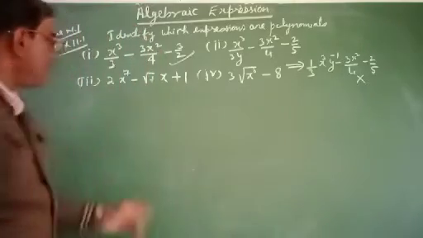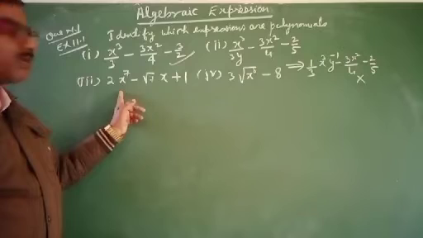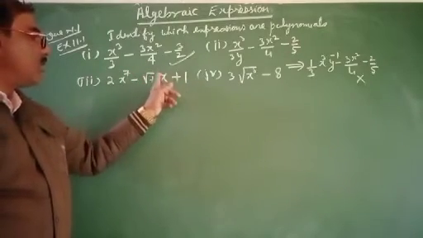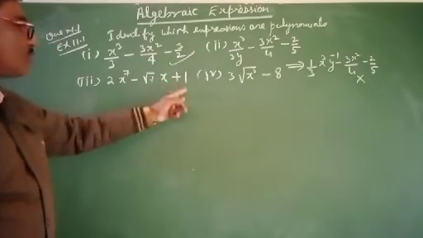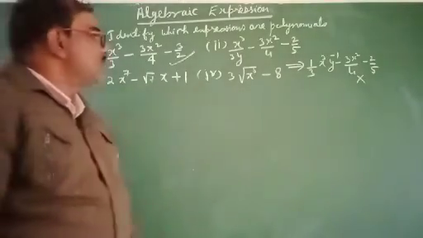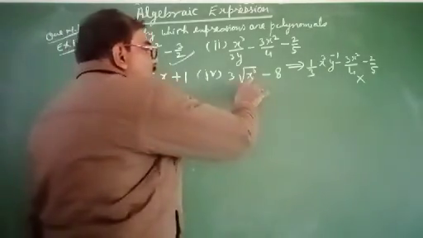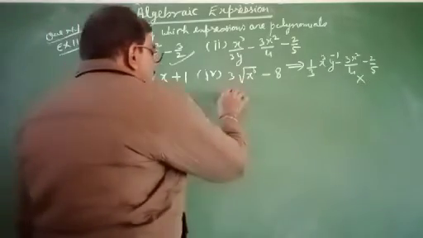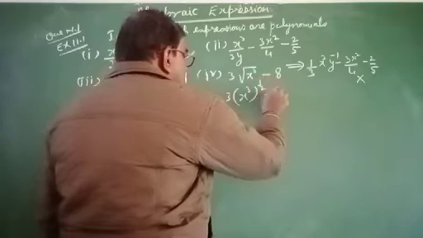Now the third: here the variable is x and its power is 7, which is a whole number, and here the power of variable x is 1, so this is a polynomial. Now the fourth: if we write the power of the variable, it will be equal to 3x cube to the power 1/2 minus 8.